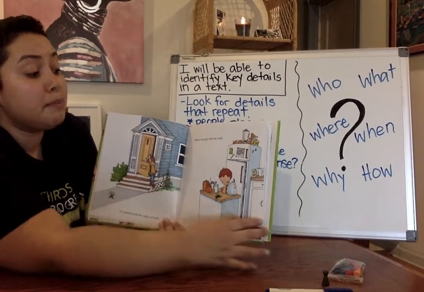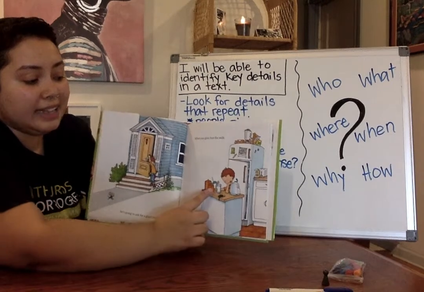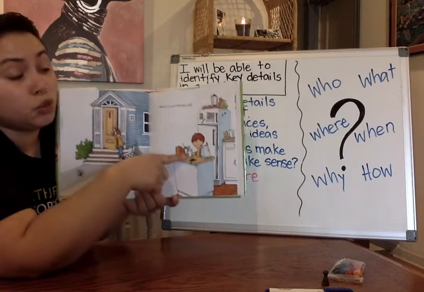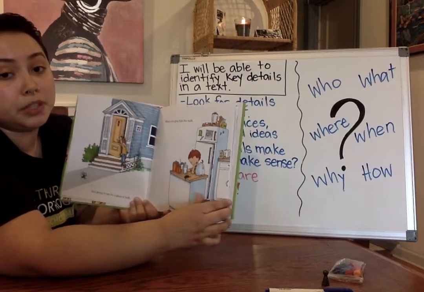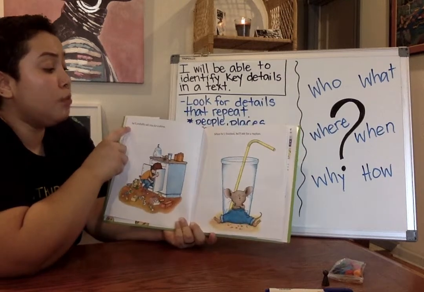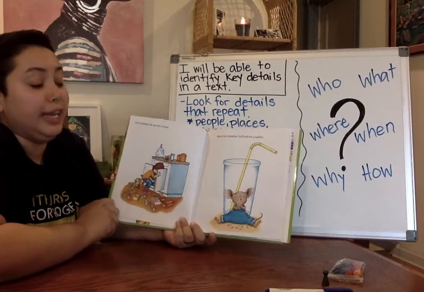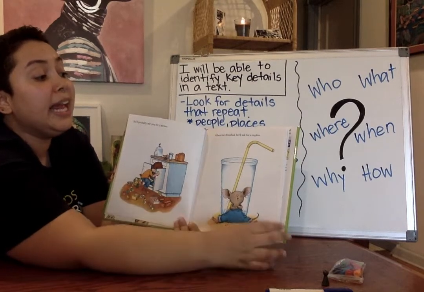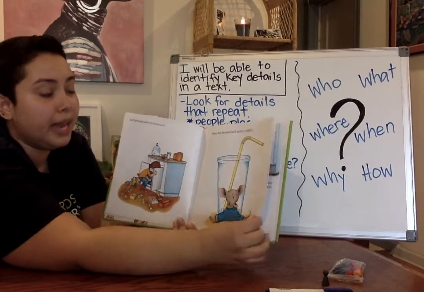When you give him the milk, and I see our mouse trying to go into, or maybe drink, a bit of milk. He'll probably ask you for a straw. When he's finished, he'll ask for a napkin.